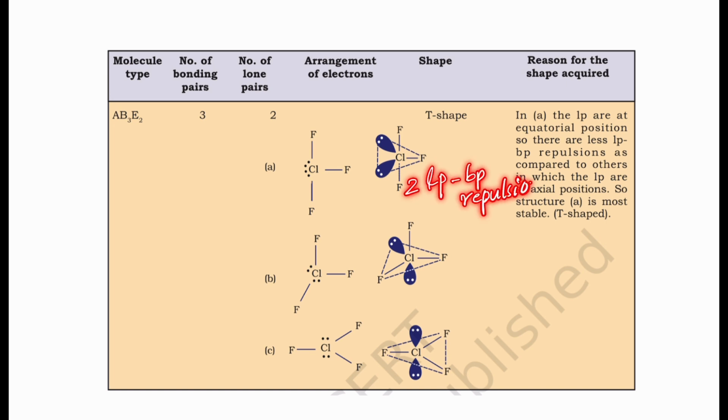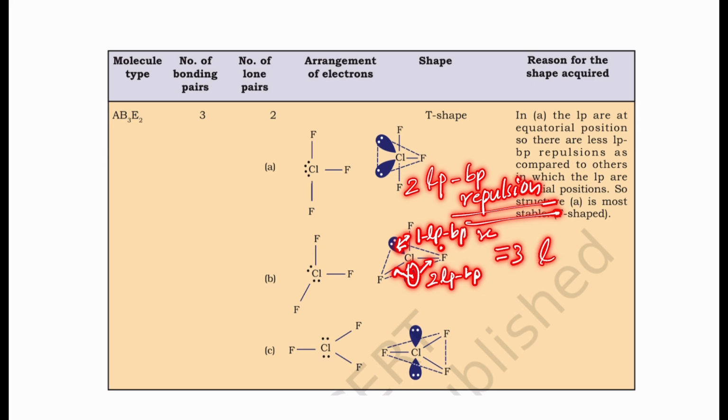In this case, if you see, this lone pair is at axial, so it will have this repulsion. Two lone pair repulsion here, and this other one is at equatorial, so it will be at a 90-degree angle. So this is one more lone pair bond pair repulsion. The total is three lone pair bond pair repulsions, so it is not stable.